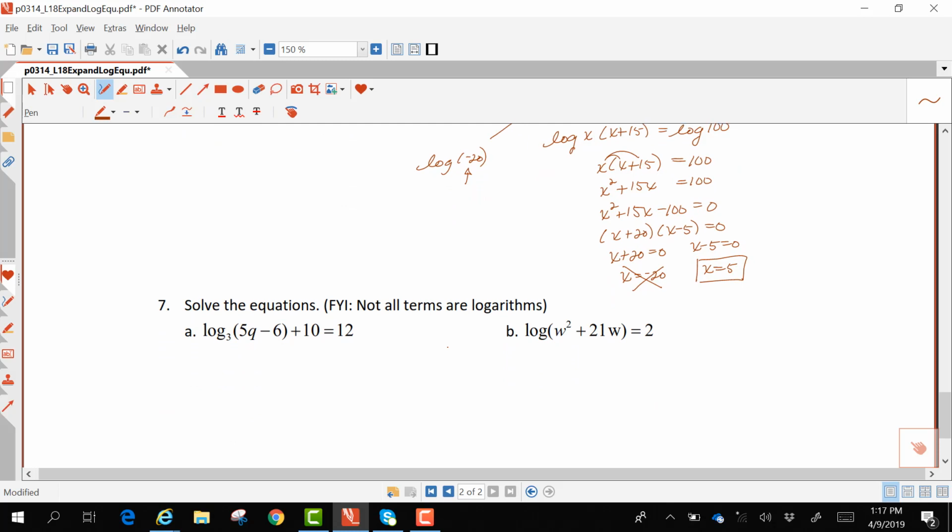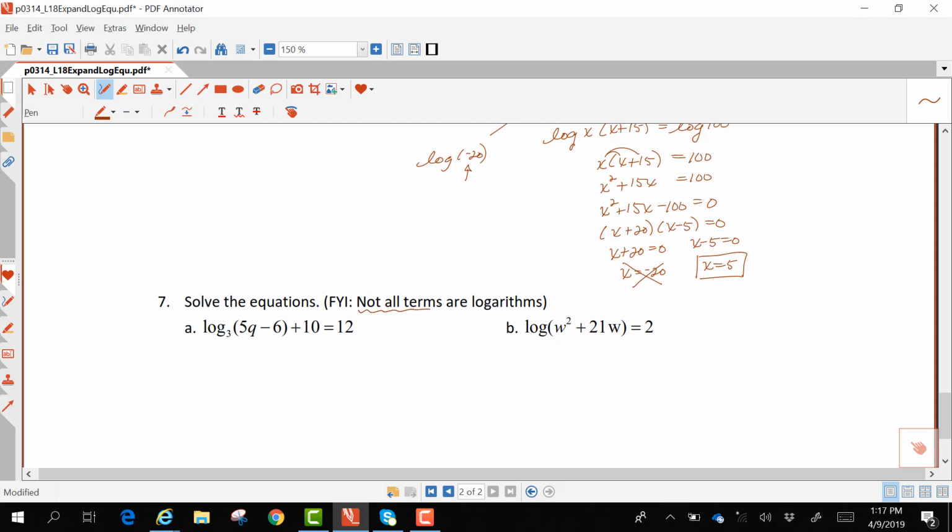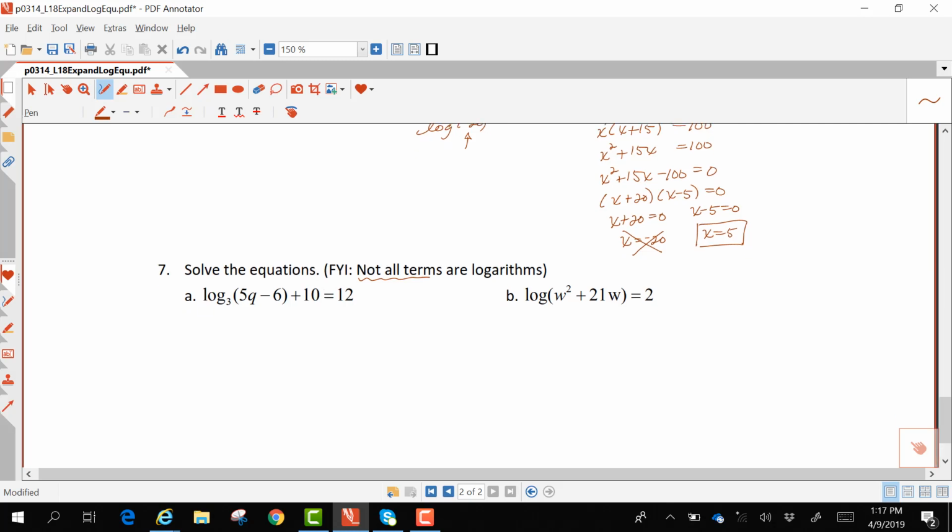Moving down to part 7, where not all terms are logarithms, I will use a different process for solving. This process for solving is to get one logarithm equal to a number. So here's my one logarithm. I want the 10 to move to the other side, so I have one logarithm on the left side of this equation equal to a number.